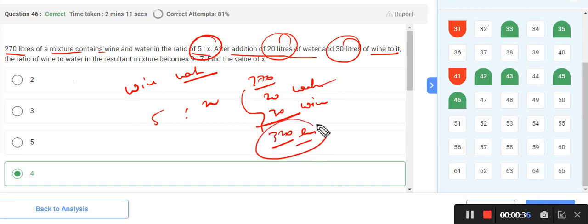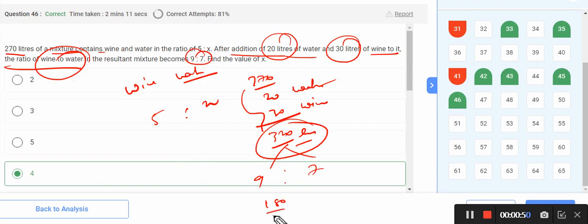320 liters, which further are in the ratio of wine to water 9:7. So let's divide this mixture into 9:7. So it will be 180 to 140, right? So how many liters of this is what?